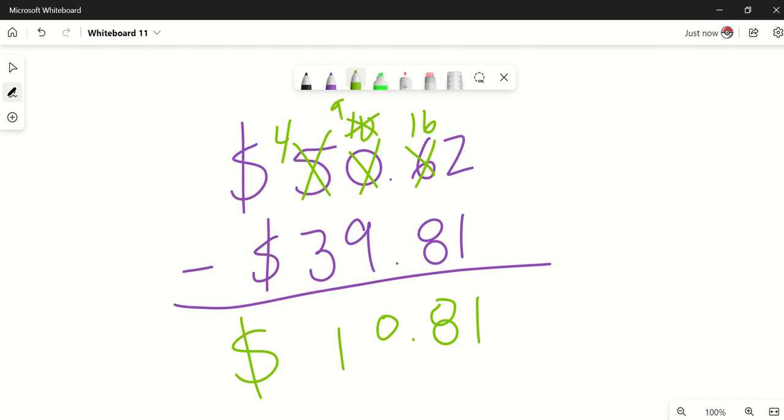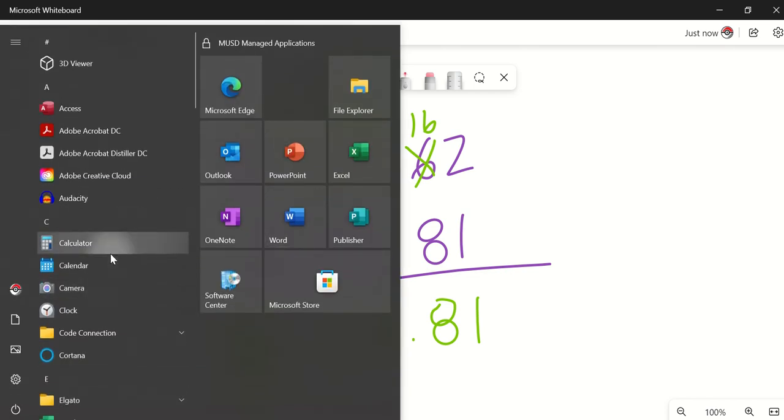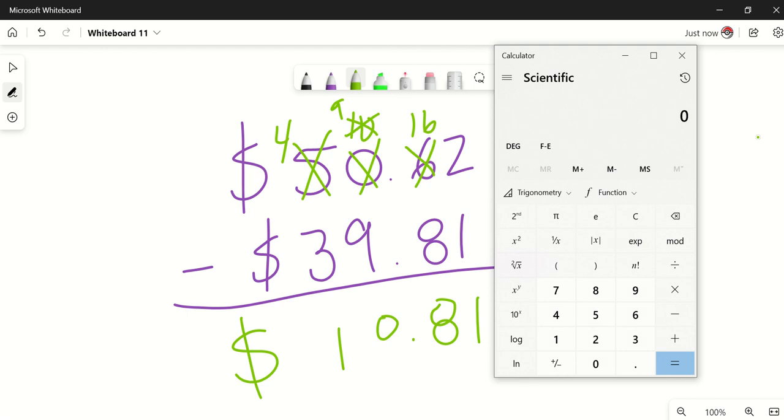It'll be $10.81, and we will go ahead and check our work. 50.62 minus 39.81, $10.81.